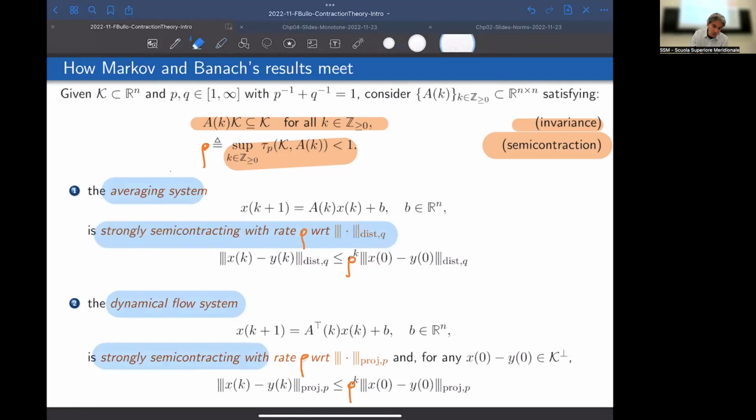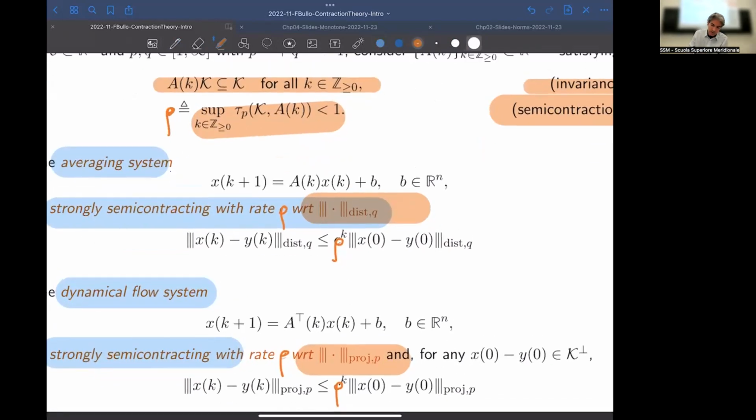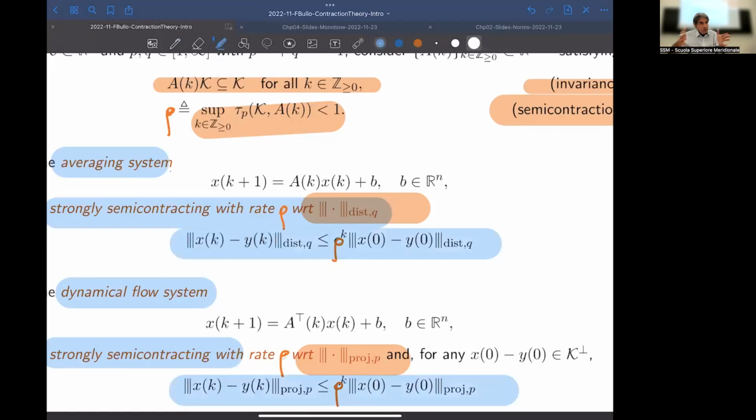And they are semi-contracting with respect to these dual norms, with respect to either the Q distance or the P projection. And therefore, the distance between trajectories in both cases is diminishing with the same contraction factor, or I should call it semi-contraction factor. Okay, perfect.